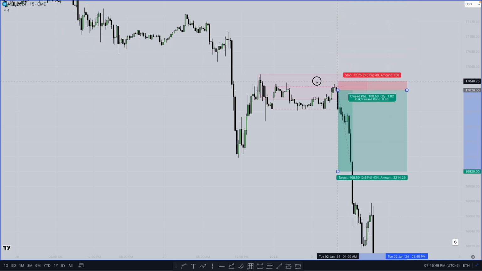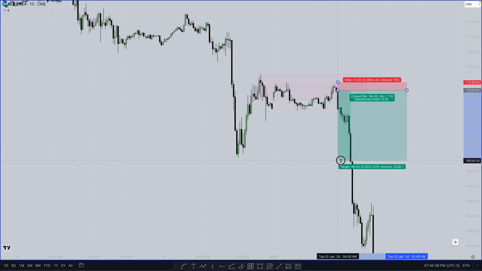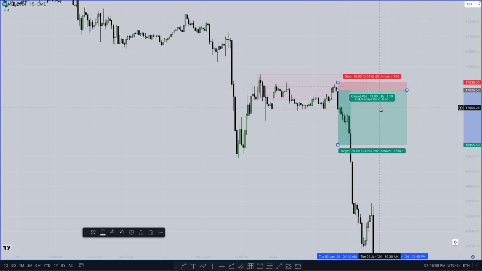So you use a 10-point stop because you were slipping and you got a shitty entry. And you're targeting not even the low, let's just say the last part of the low before actual lows. That's a 7R, 73 points for 10.5 points.